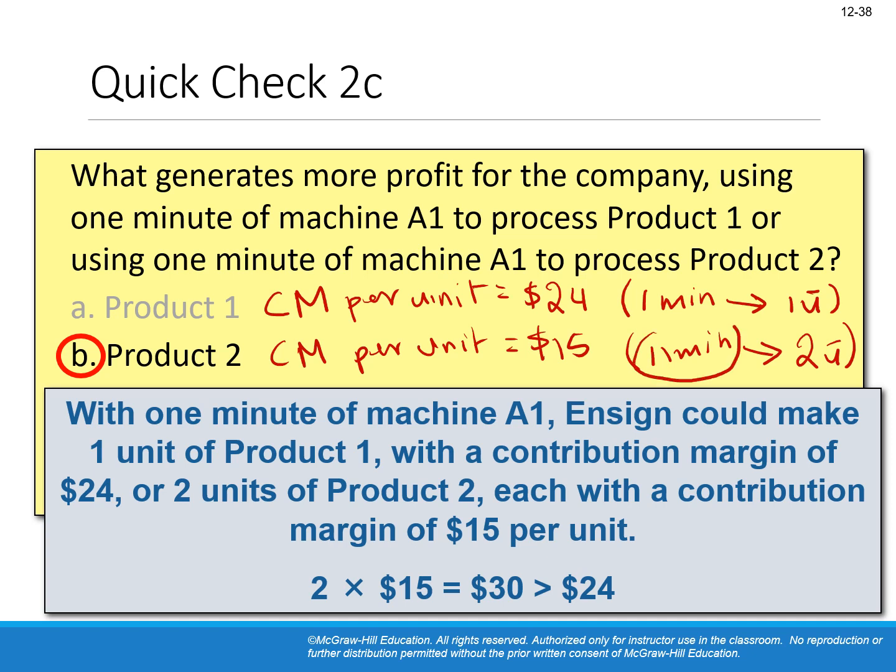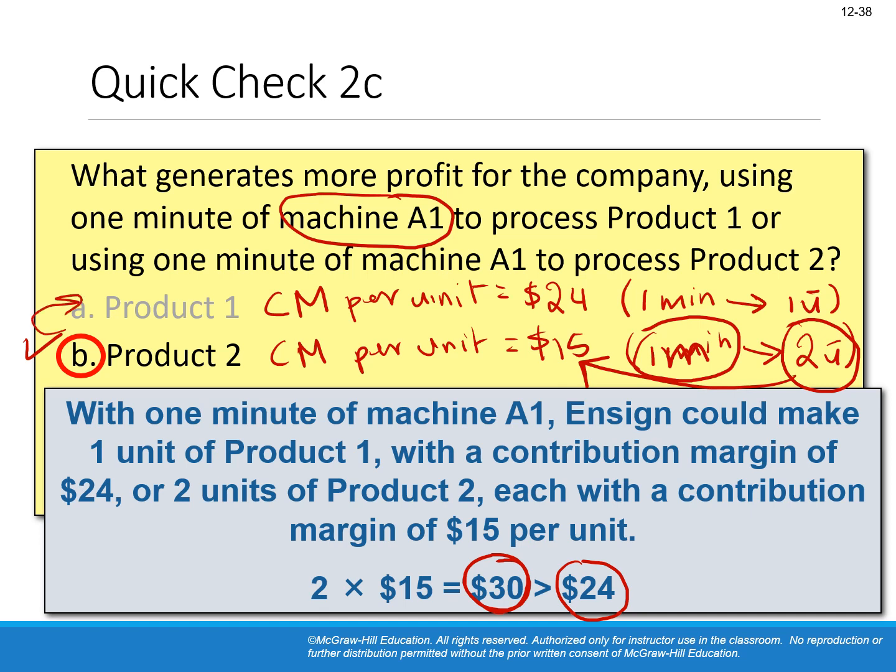So each minute of the constrained resource is yielding 2 units multiplied by the $15 unit CM. Therefore, for each minute used by machine A1, I can make a CM of $30 by producing product 2 as compared to $24 when producing product 1. Therefore, I should satisfy the production of product 2 first, and whatever is left from the constraint, which is machine A1, will be allocated to product 1.